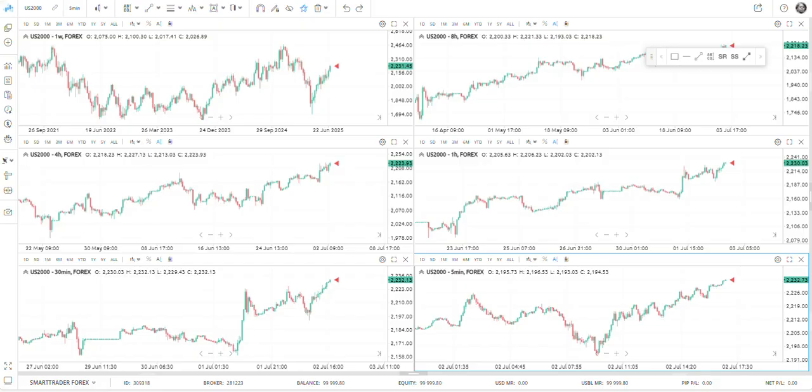We are going to be analyzing US 2000, so it's called the Russell 2000. What is the Russell 2000? The Russell 2000 index is a market stock index that measures the performance of 2,000 smaller companies in the United States market.